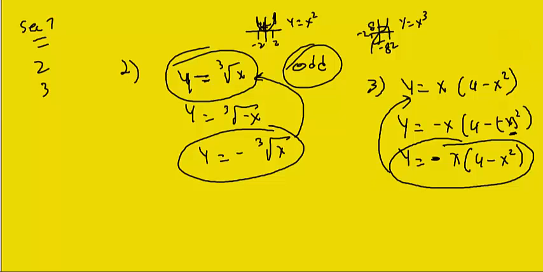Okay. Alright, so let me ask you this question. If y is equal to x, what's the opposite of that? If y is equal to 4 minus x squared, what's the opposite of that? Negative 4 minus x squared.